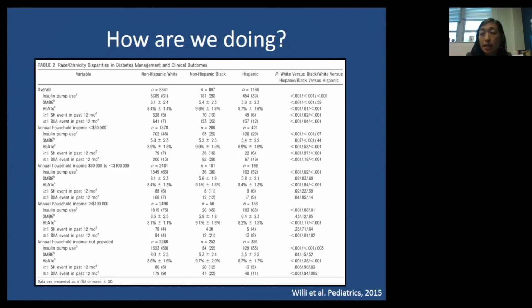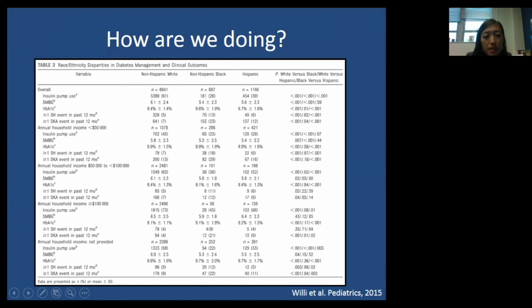So I'll end, I think we only have a couple minutes left, but I'll end with kind of how we're doing as a country. And this is US data looking at a large cohort of people with type 1 diabetes. And as you can see here, the majority of this cohort are non-Hispanic white as representative of the general population.